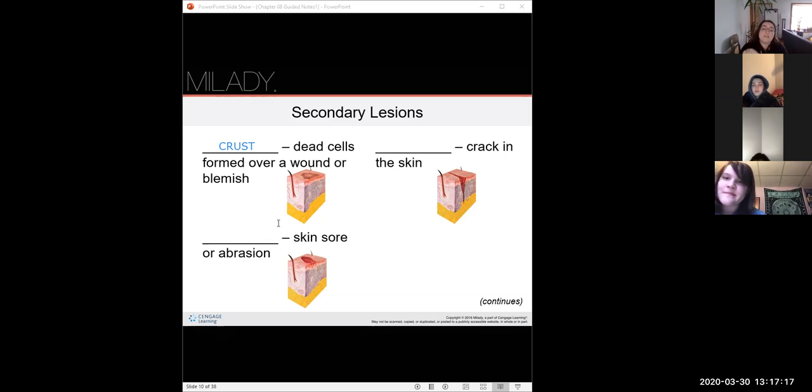So it's dead cells that form over a wound or some kind of injury while it's healing. And it's a combination of dead skin, sebum from our sebaceous glands, sometimes pus, depending, and cells from the epidermis. Those are the dead skin cells.